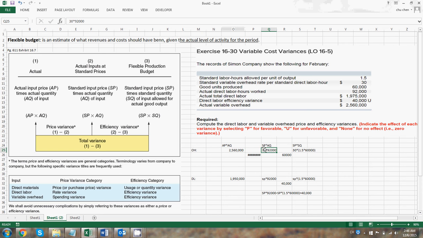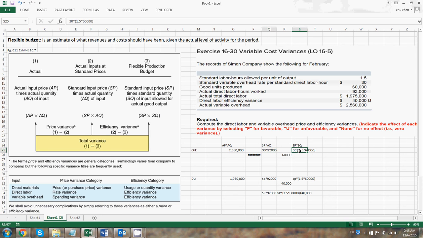For SP times AQ, the actual quantity, the actual direct labor hours worked, is 92,000. The standard price, the standard variable rate per standard direct labor hour, is 30. So we use 30 times 92,000.